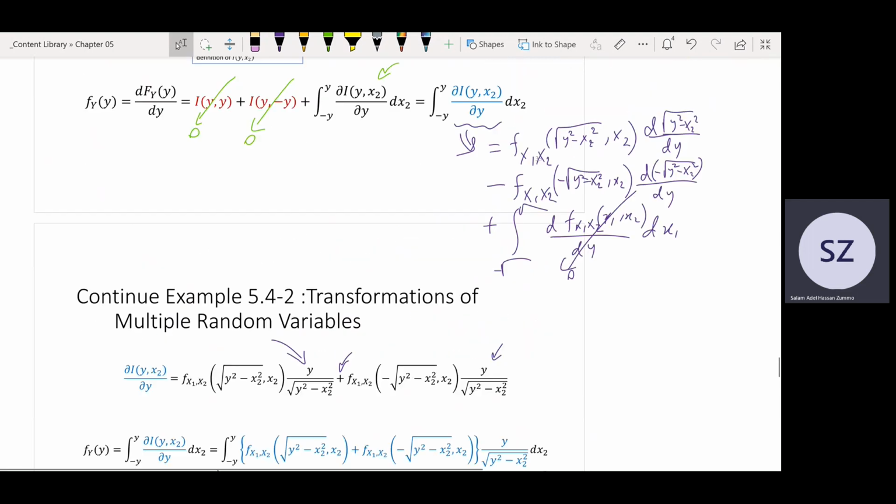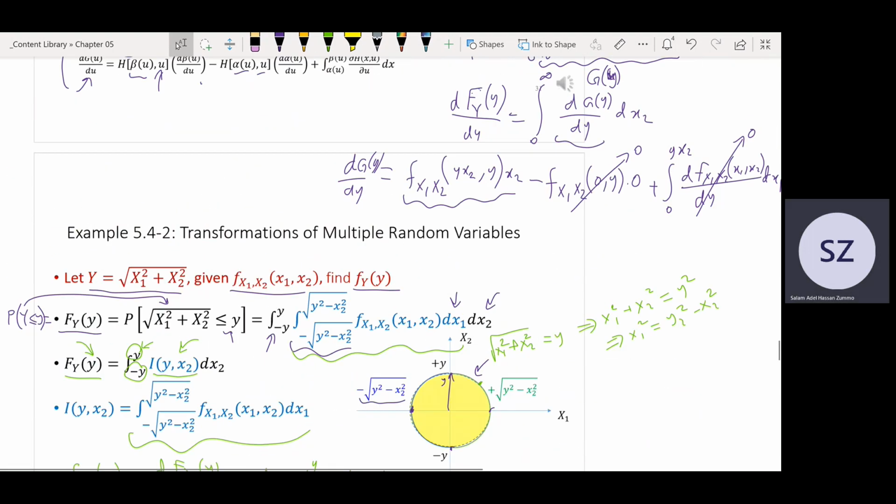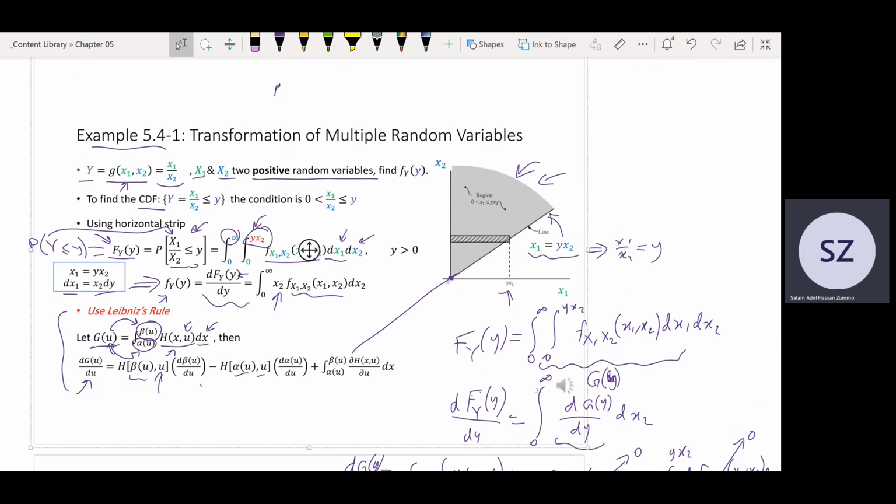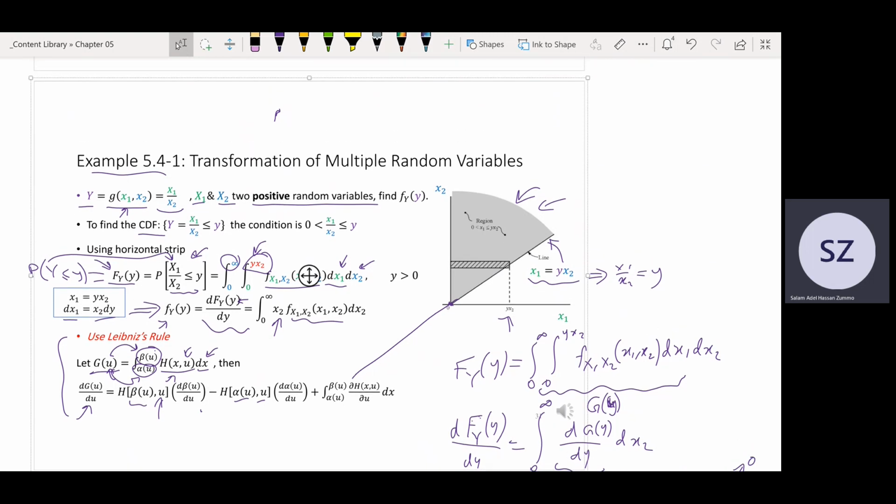Just to summarize before I go to another place. The steps are as follows. You need to find the CDF, and the CDF comes with the definition. Now you replace the definition with the function, and then find from this function the region of integral, and you need to integrate the joint PDF over this region. Now how to do it?